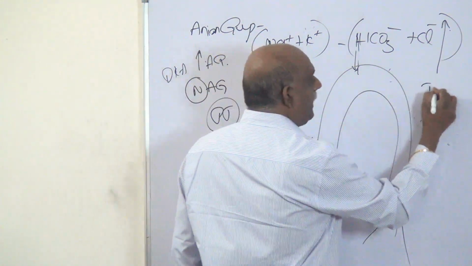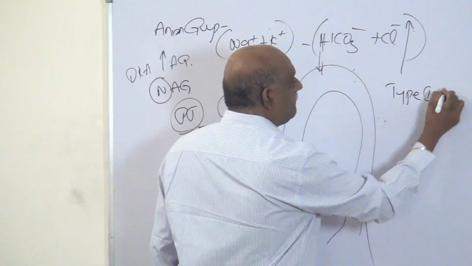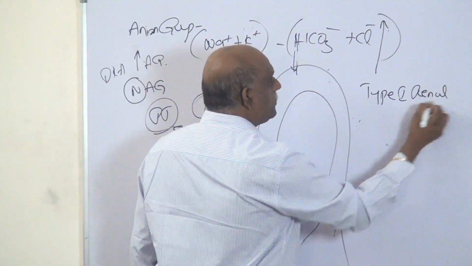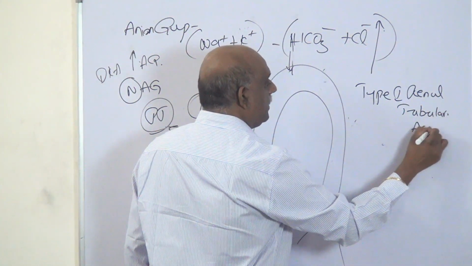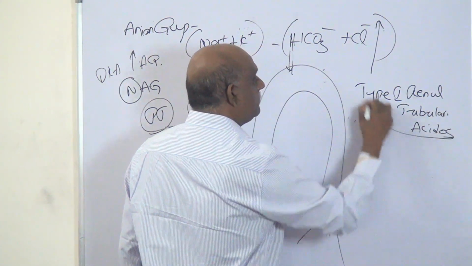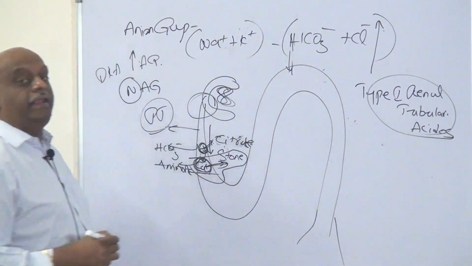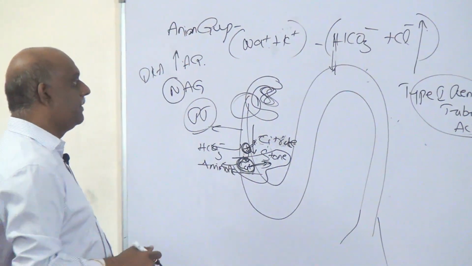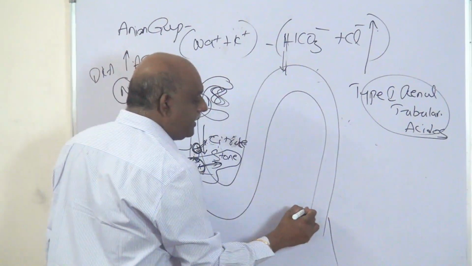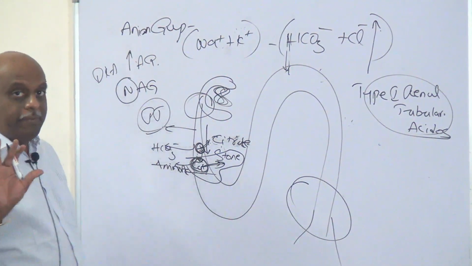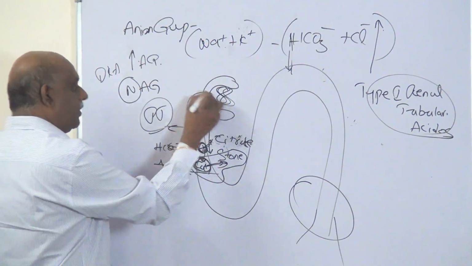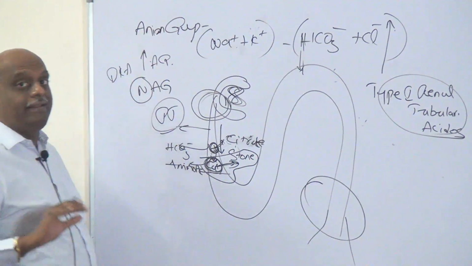So what is meant by type 1 renal tubular acidosis is a very important question. There is a problem in the distal part of the renal tubule, but the proximal part of the renal tubule is still intact.